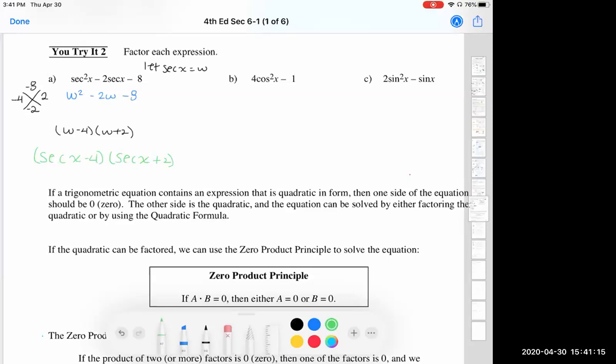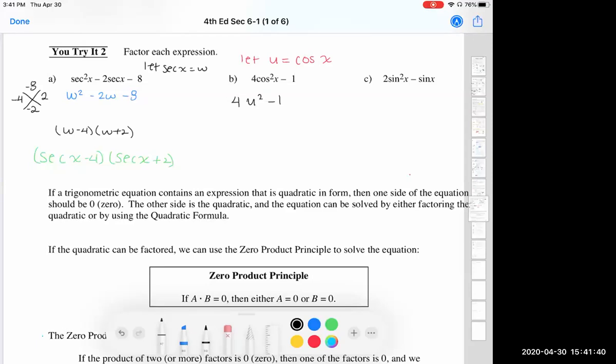Next, 4 cosine x squared minus 1. All right, let's let u equal cosine of x. And if I make the replacement, I'm left with 4 u squared minus 1.